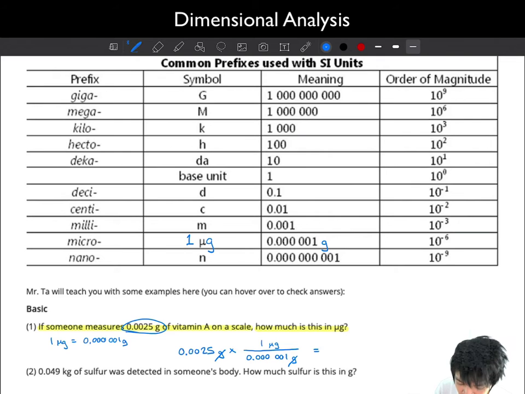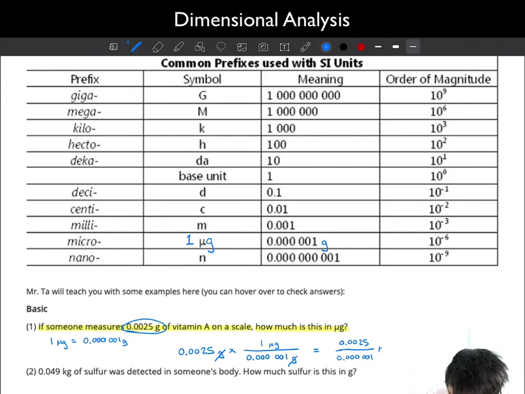What we have here is 0.0025, and since there's a 1 on top, you can times 1, so that's 0.0025 on top. The one thing on the bottom goes on the bottom, and it stays like that.